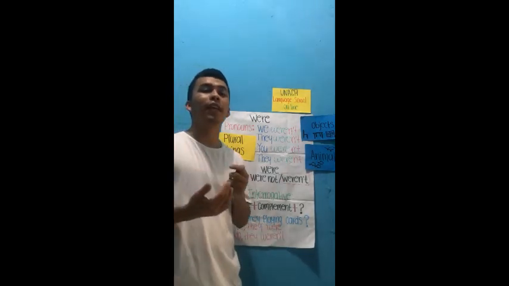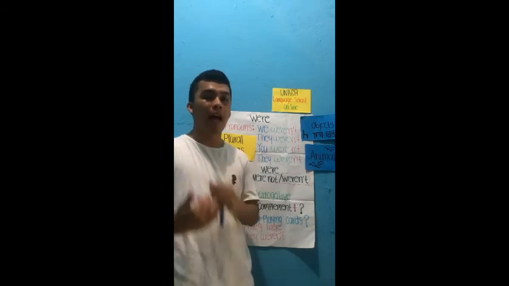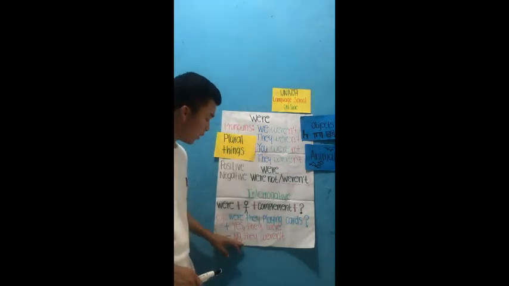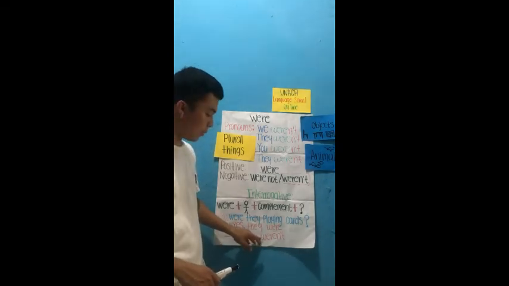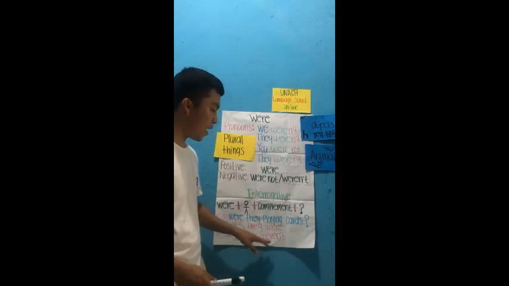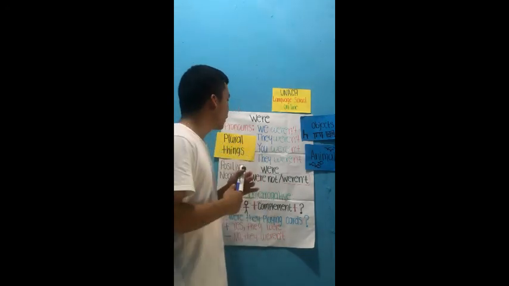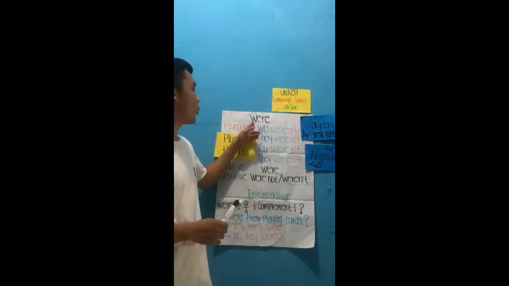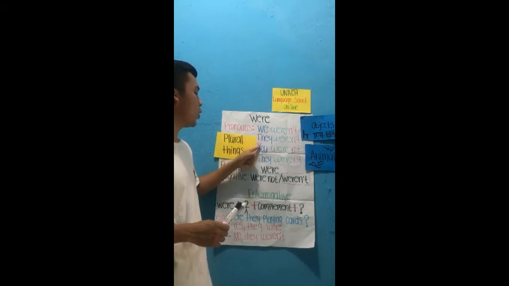And to say something negative, something that is not true, that is false, or something that did not happen in the past, you are going to say no plus the subject plus weren't. So we are going to say no, they weren't. And that's the information about were.